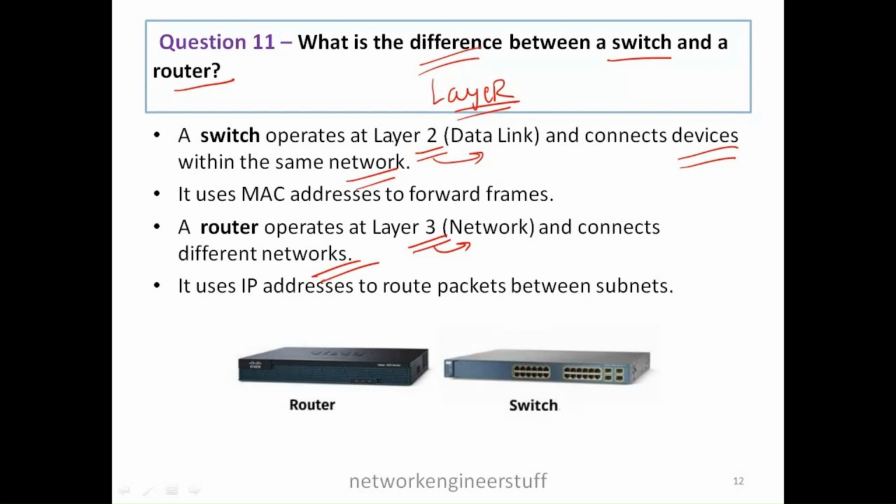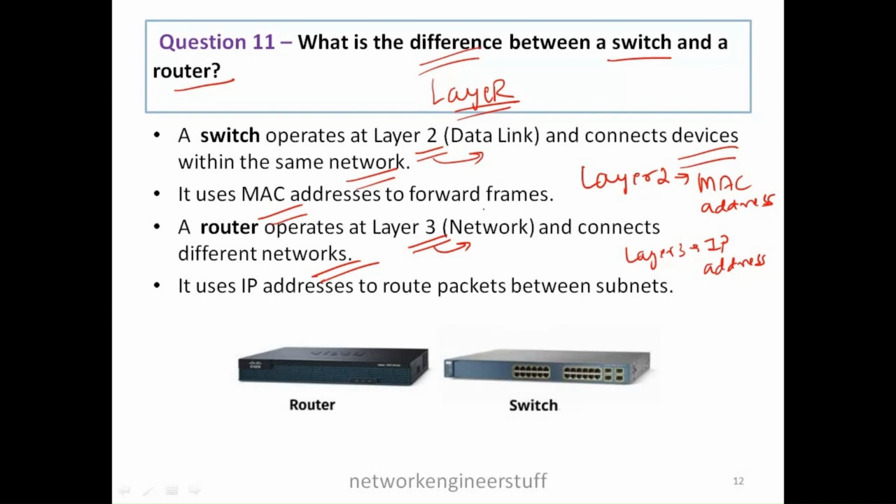As we already mentioned, a switch is a layer 2 device. When we talk about layer 2, MAC address is a layer 2 address. And whenever we talk about layer 3, IP address is a layer 3 address. So the switch uses MAC address, since it's a layer 2 device, right?